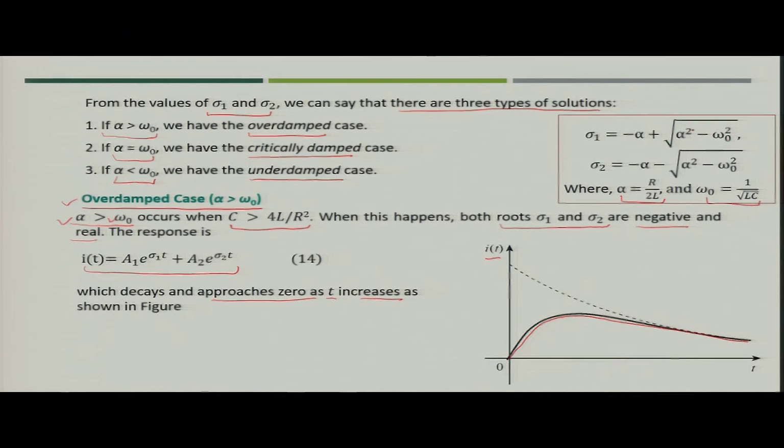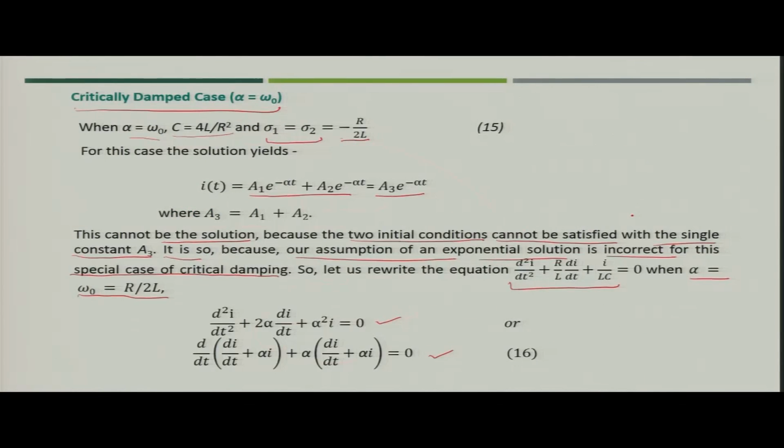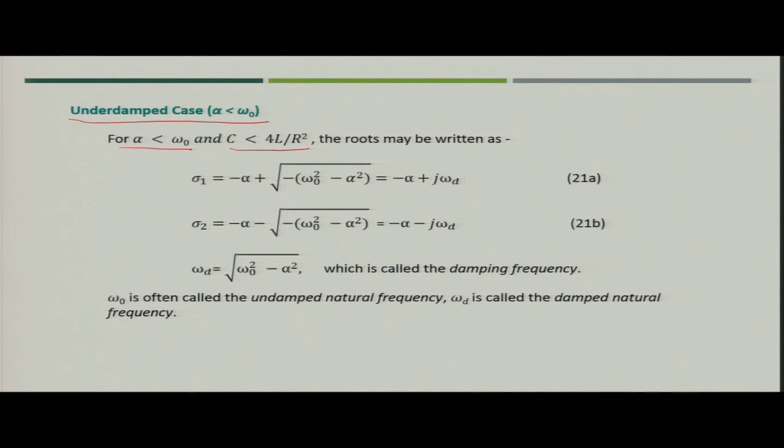If alpha is less than omega naught, since omega naught is greater than alpha, you can rearrange the roots of the characteristic equation, sigma 1 and sigma 2, as minus alpha plus or minus root of minus of omega naught square minus alpha square.